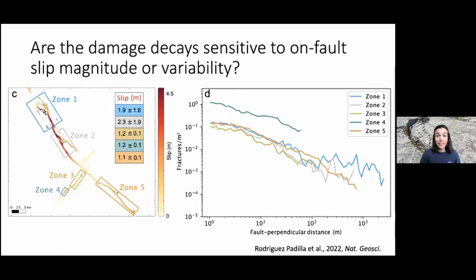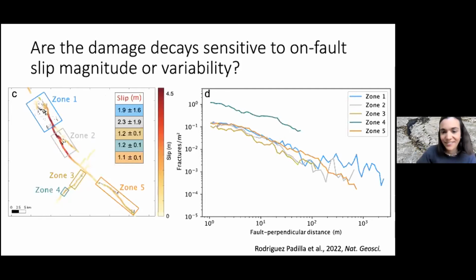Okay, the next thing we're interested in doing is evaluating along strike variability and assessing the sensitivity of the damage zone to fault slip. So to do that, we compute this decrease in fracture density with fault perpendicular distance and the average and variance of slip in the sections that we map from the high resolution imagery, which you can see in panel A here. So we have the slip variance for each of these sections, and their respective fracture density decays on the right.